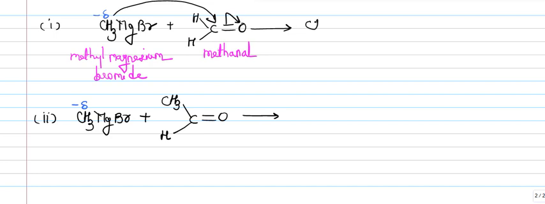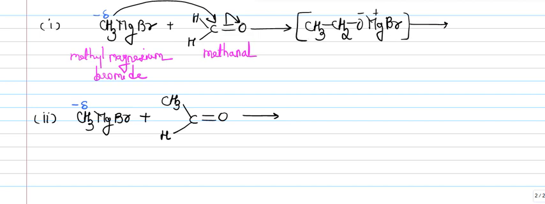So the intermediate which is formed is going to be CH3CH2O minus MgBr plus, and this undergoes hydrolysis.